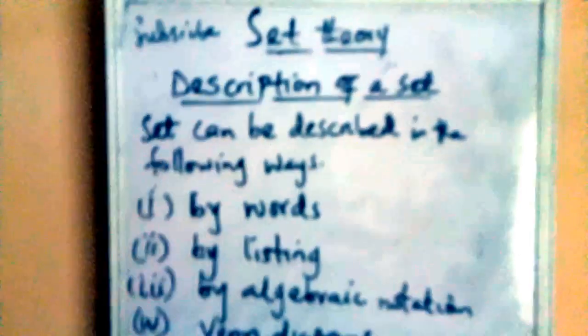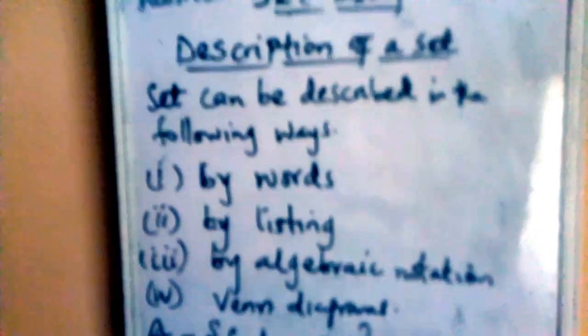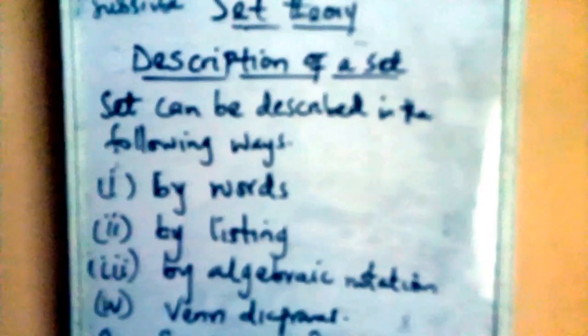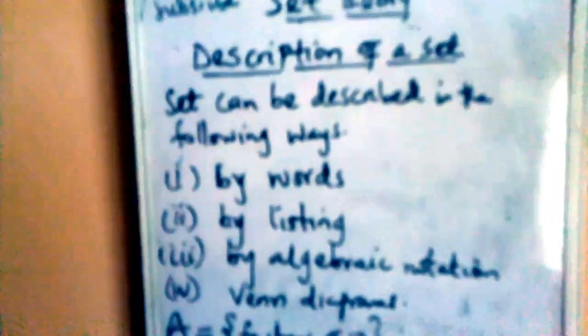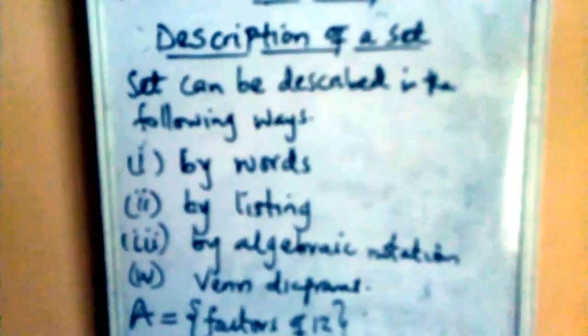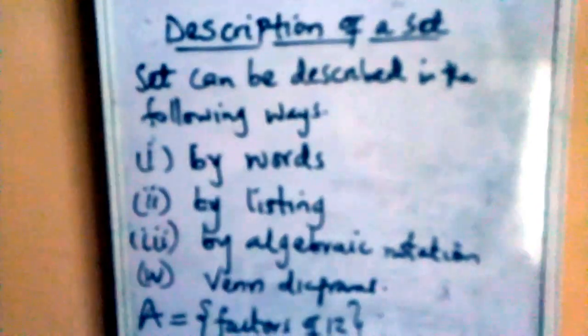We are now going to look at ways in which we can describe a set in mathematics. In mathematics, we can describe a set in 4 ways. Number 1 is by words, using word statements.